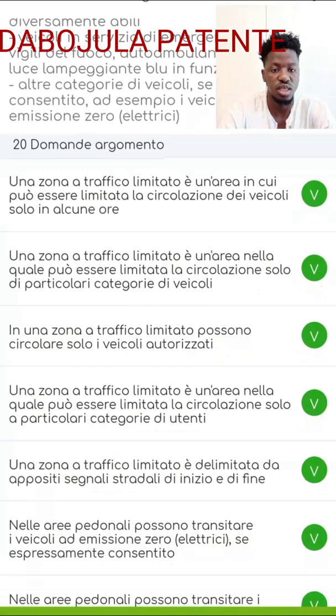True, it's vero. Una zona a traffico limitato è un'area nella quale può essere limitata la circolazione solo di particolari categorie di veicoli. Traffic limited zones are areas in which certain types of vehicles might not be allowed to transit. Vero.